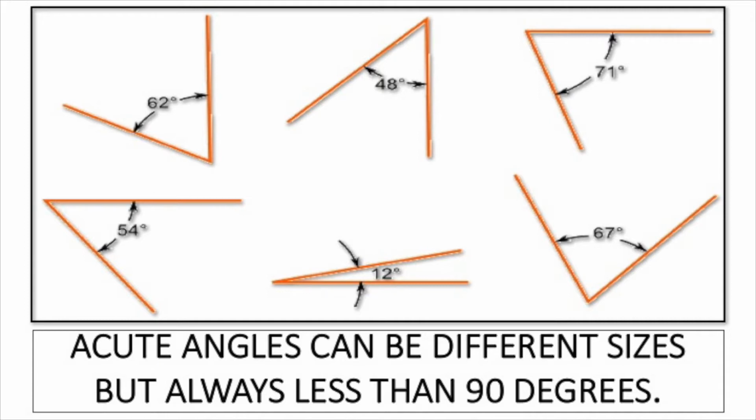Okay, so that's how we know they're all acute angles. Any angles that are less than 90 degrees are acute angles. But they can look different because one that has 12 degrees is very small. But look at the one that has 71 degrees, a lot bigger. The gap between the lines is a lot more. But they're all acute angles.